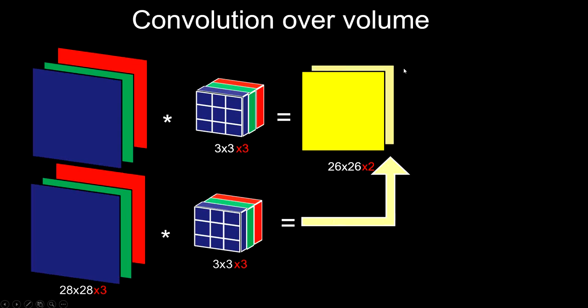So this is where you will have a feature map of this type, which is 36 times 26 times 2. If you apply just a single kernel, you have just a single feature map.